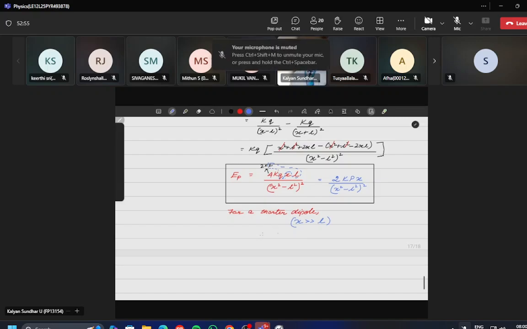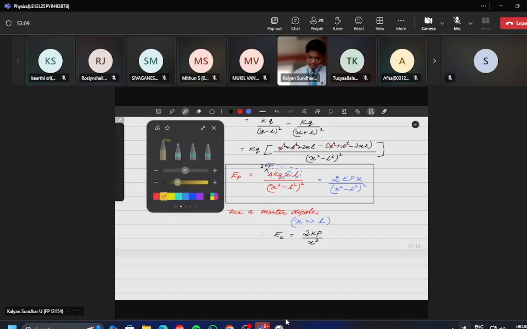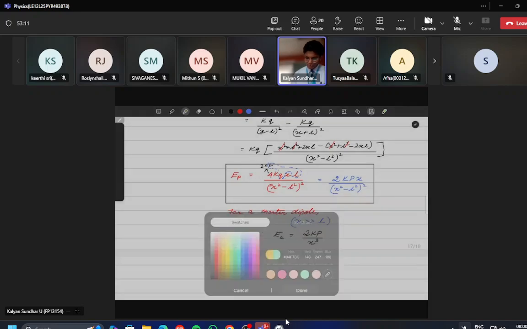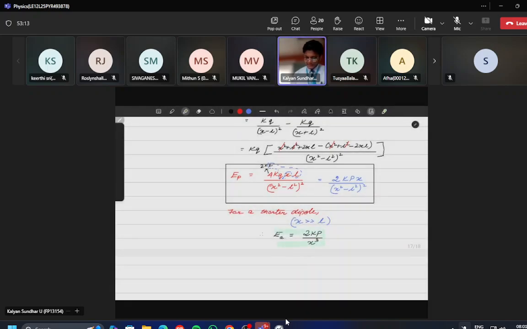Therefore your electric field at an axial point will be equal to 2kp divided by x cube, because there is already an x on top and at the bottom it becomes x to the power 4. So they get cancelled out and 2kp by x cube is the electric field at the axial point due to a shorter dipole. In the shorter dipole case, x is much greater than L.